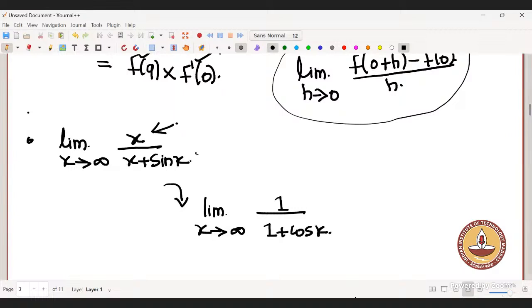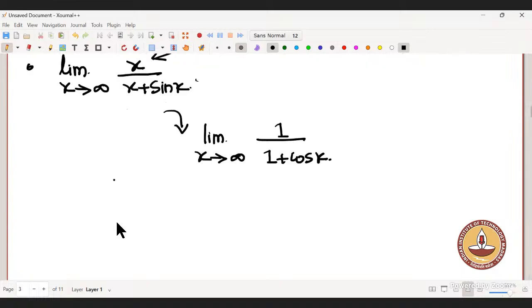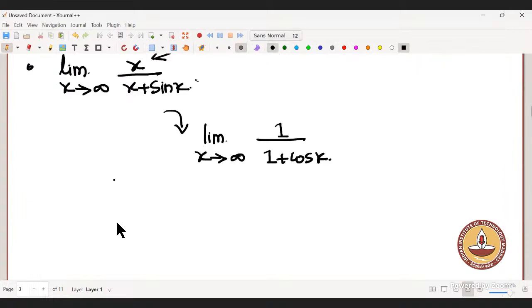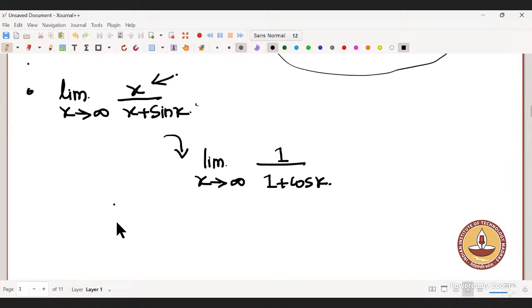Now, is this in indeterminate form? We have to find cos of infinity here. That limit doesn't exist. Can we assume cos of infinity is infinity? No. Cos is a bounded function.